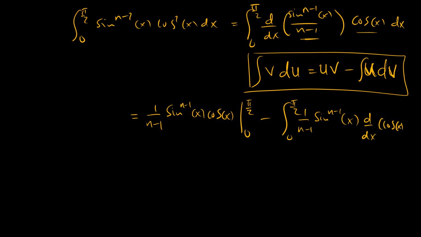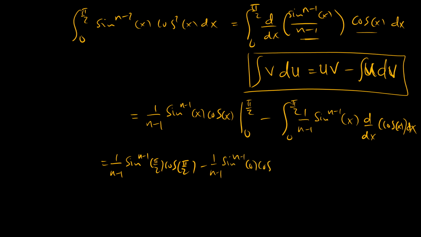This is dv, right? So this becomes 1 over n minus 1 sine to the n minus 1 of pi over 2 cosine pi over 2 minus 1 over n minus 1 sine to the n minus 1 of 0 cosine of 0. See, this goes to 0 because cosine pi over 2 is 0. This goes to 0 because sine of 0 is 0.